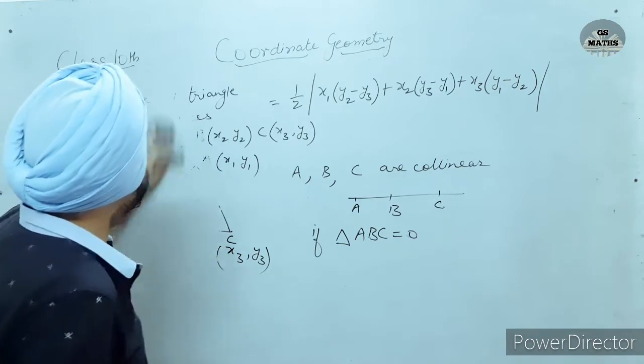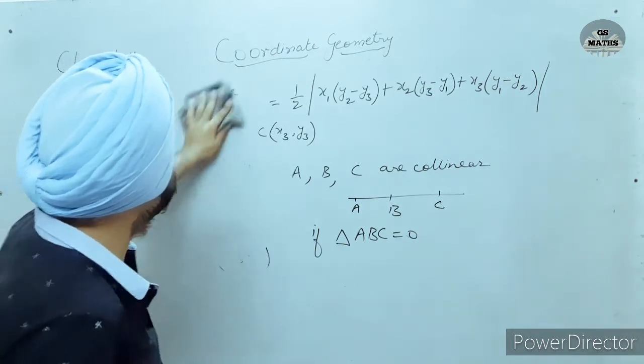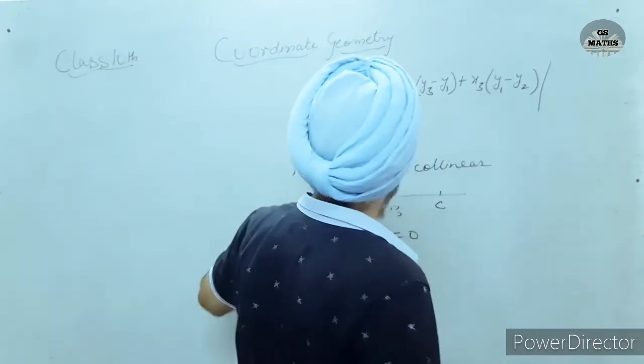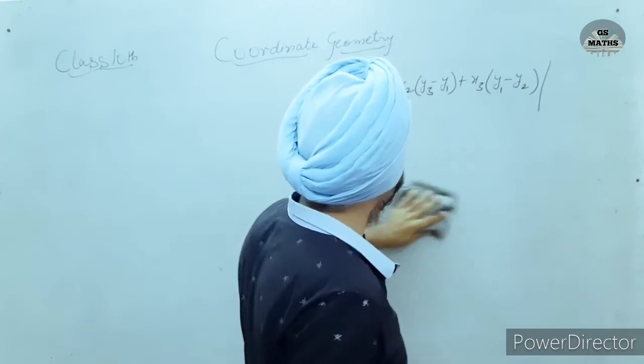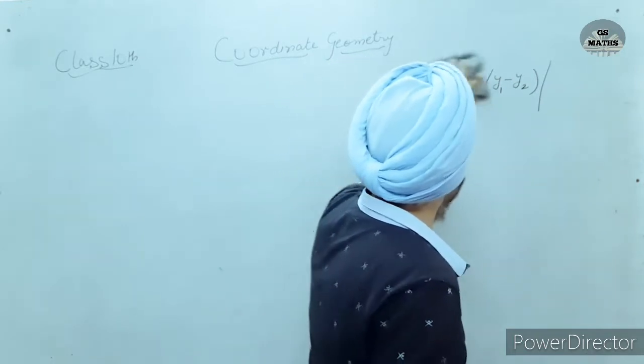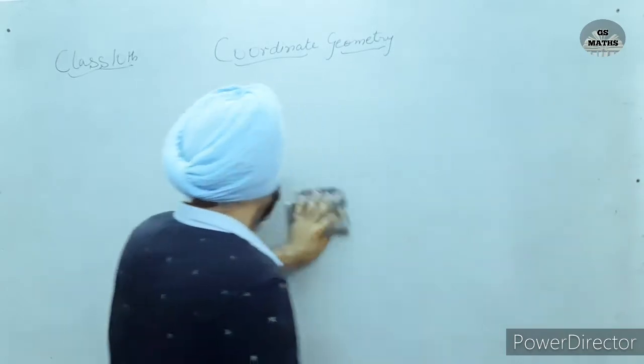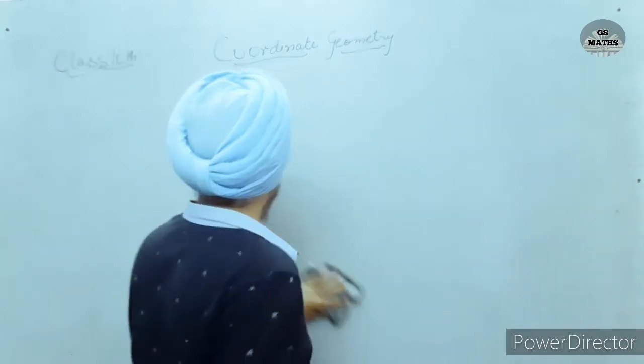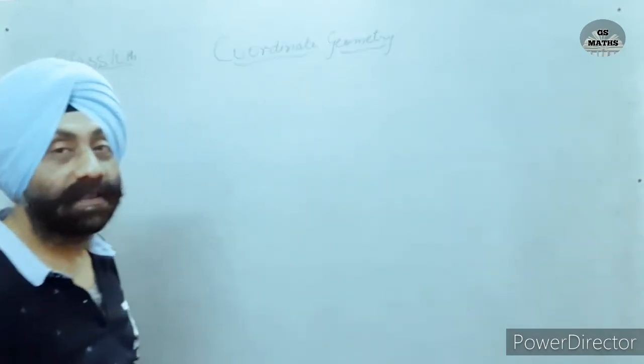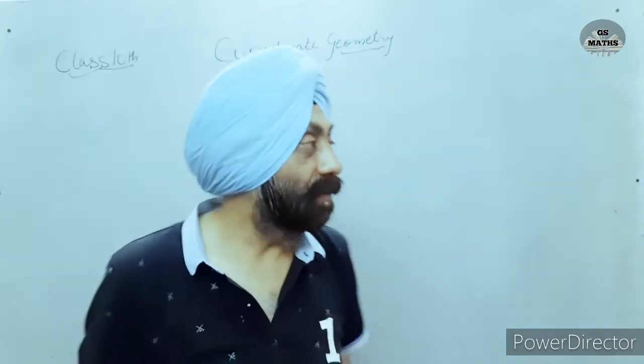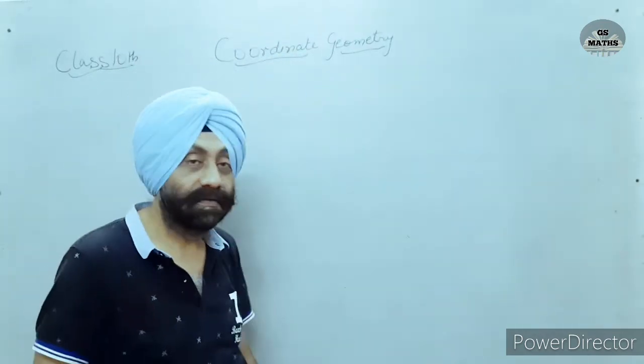Now question number 1. But I hope and expect you have revised the previous topics of this chapter, coordinate geometry, that is distance formula, section formula and midpoint formula also, right?